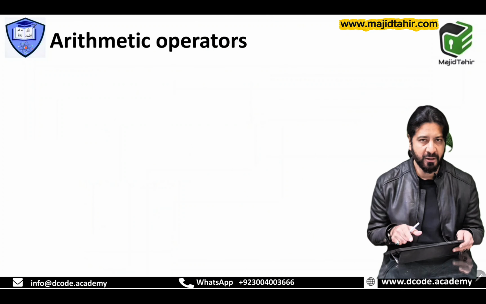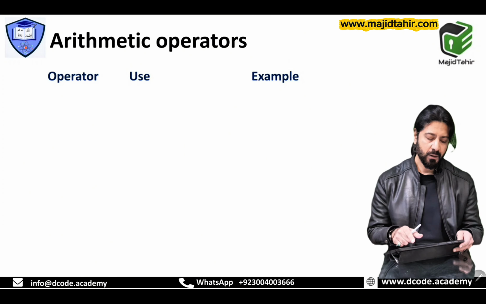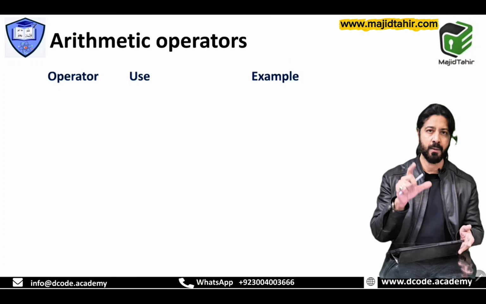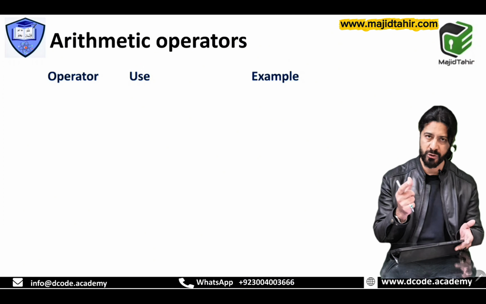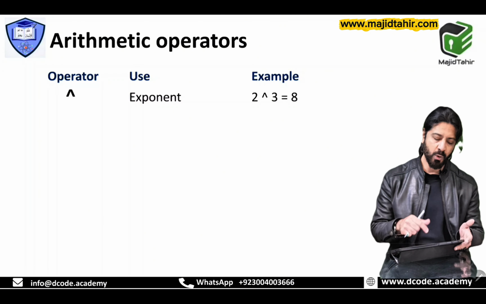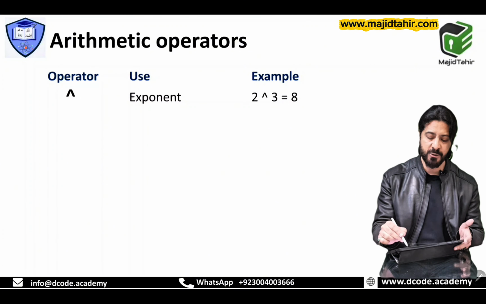Then we are going to talk about arithmetical operators. Arithmetical operators are the operators that we use in computers. They are a bit different than the arithmetical operators used in mathematics. First is the exponent operator.